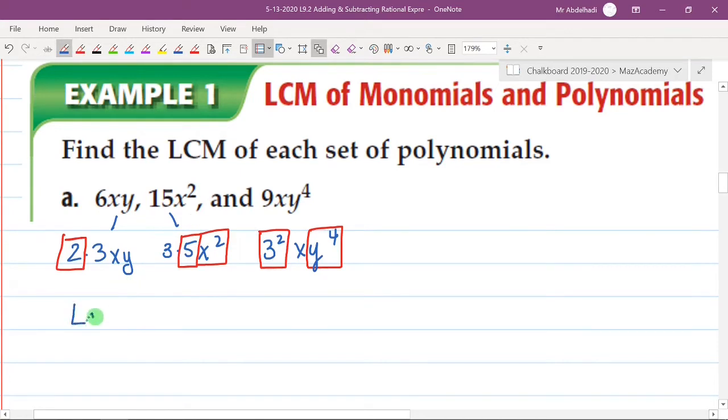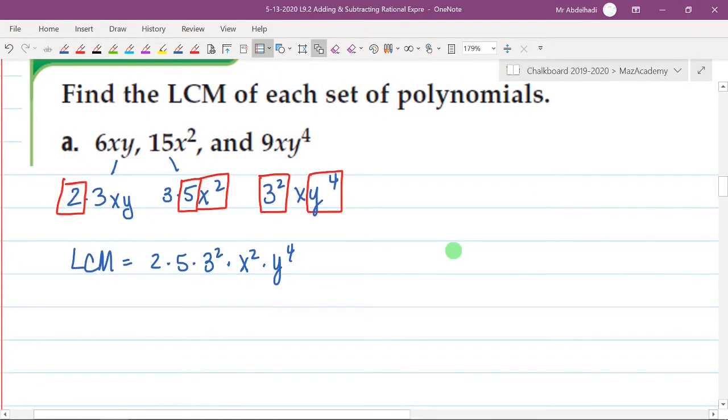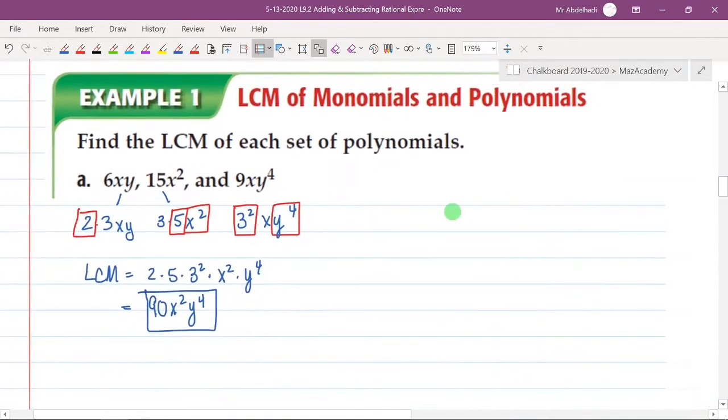The LCM in this case is the 2 times the 5 times the 3 squared times the x squared times the y to the fourth. The things we put in the boxes are what you're going to multiply, and that's your least common multiple. So this is 9 times 5 is 45 times 2 is 90. X squared, y to the fourth, and that's how you find the least common multiple of an algebraic expression instead of a 6th grade fraction.